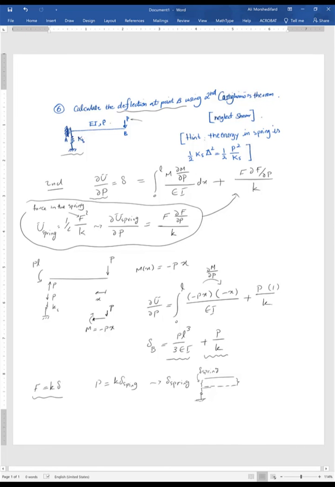But you also have contribution due to bending, which is the curved shape of the beam. So this is the spring part, equals P over K. This is PL cubed over 3EI, the contribution of the bending of the beam. And the sum of these two gives you delta B.